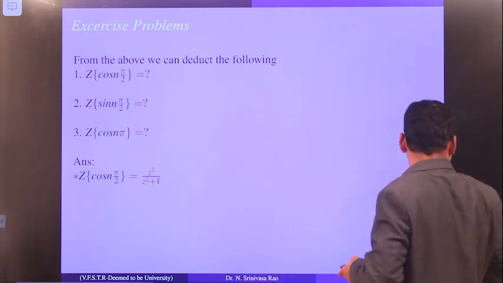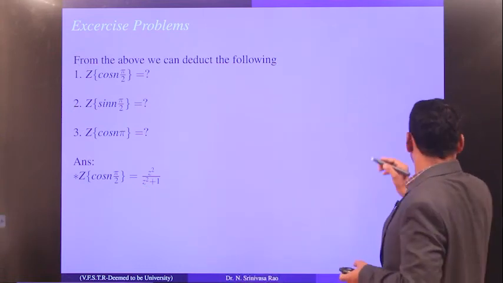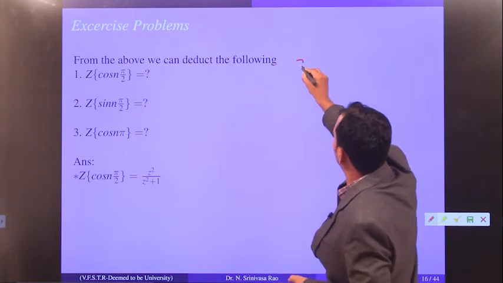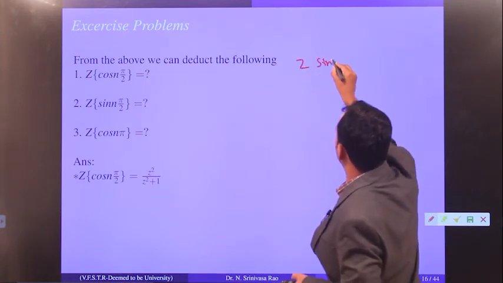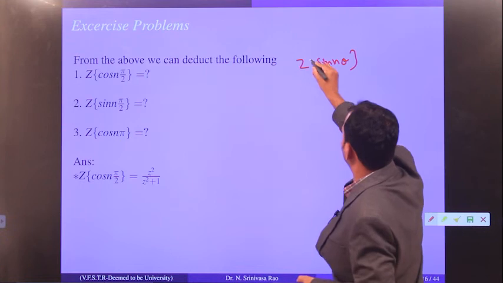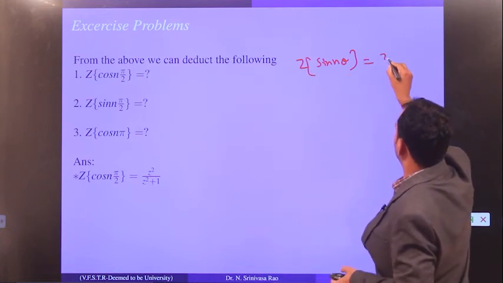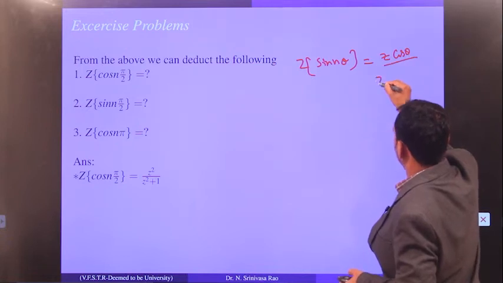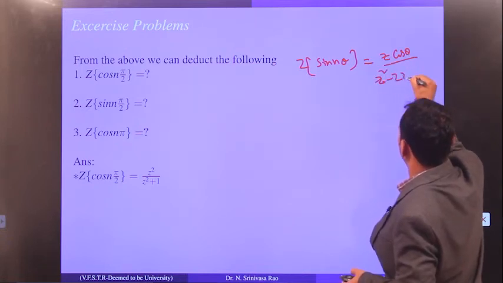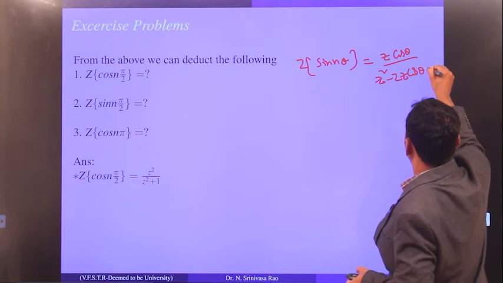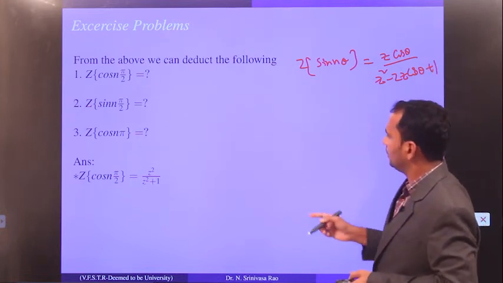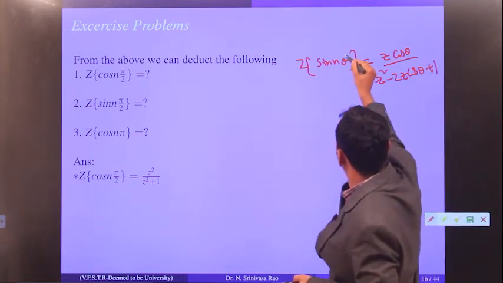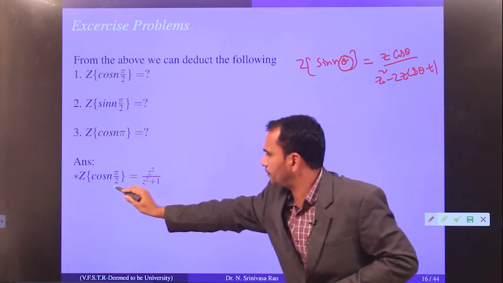We already know the formula for Z of sin n theta, which is z sin theta by z square minus 2z cos theta plus 1. Now in the place of theta you substitute pi by 2.